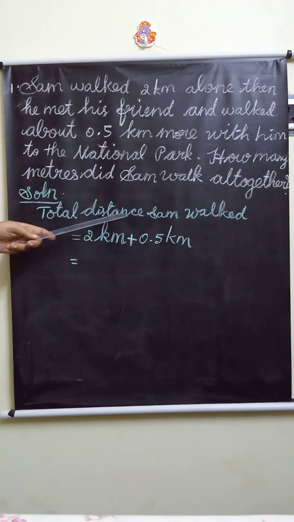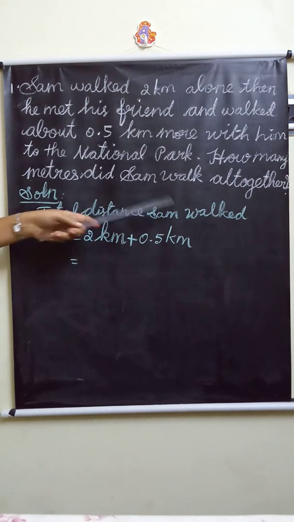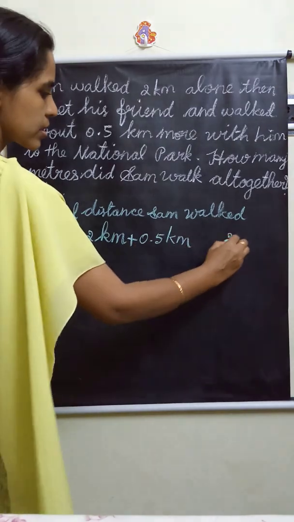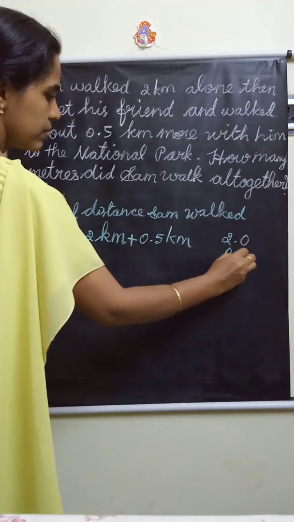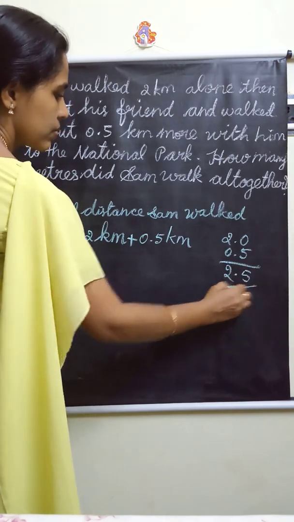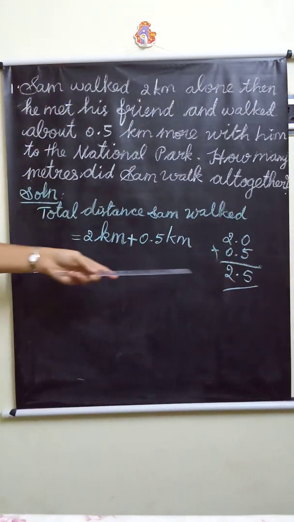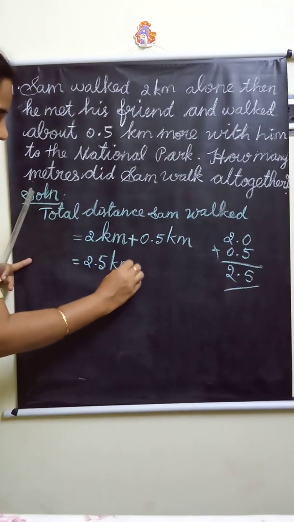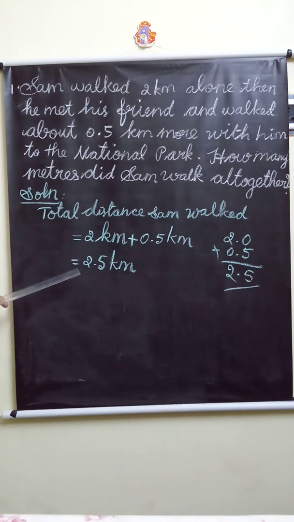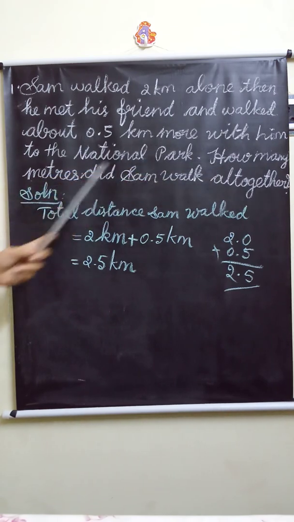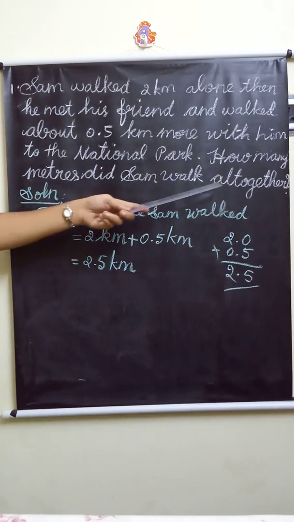We need the total distance, so we have to add these two numbers. Okay, 2.5 kilometers. Sam walked 2.5 kilometers. Here the question is how many meters did Sam walk altogether?